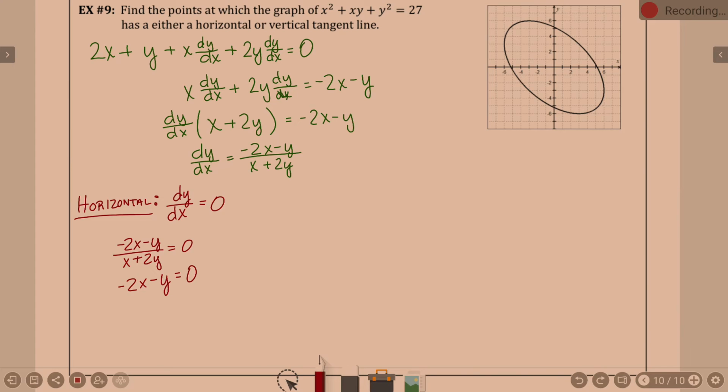So if we solve this for y, what is it going to be? Negative y equals 2x.